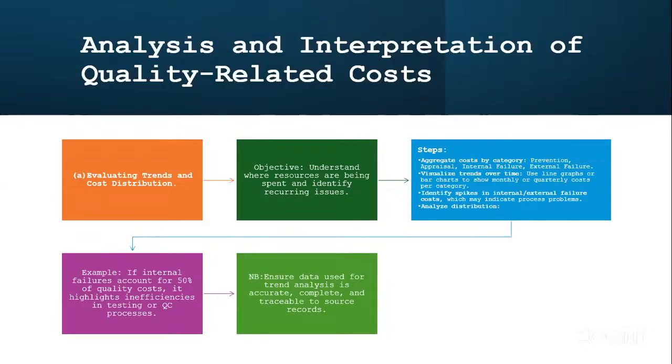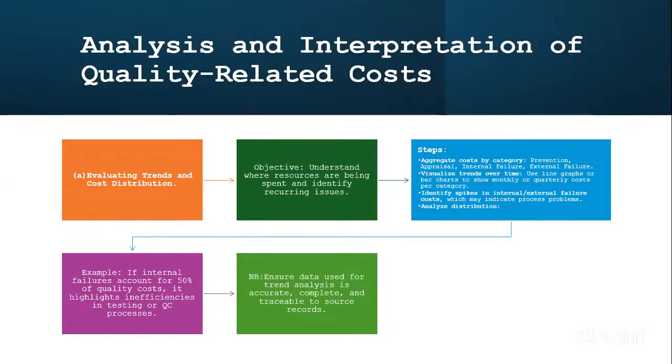And how do you control this cost? You control the cost by ensuring that the IQC training is done, and your staff are deemed competent to undertake those processes. So you visualize trends over time, use line graphs or bar charts to show monthly or quarterly costs per category, identify spikes in internal or external failure costs, which may indicate process problems, and analyze distribution.